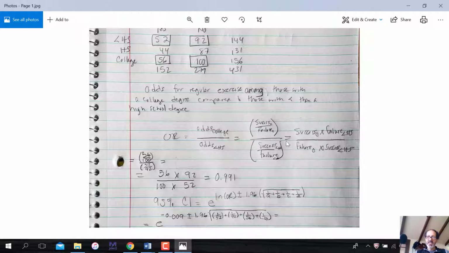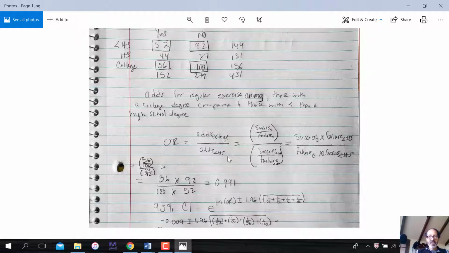When I bring this up into the numerator, I can flip it upside down, right, the denominator. So what I end up getting is success among those who are in college times failure among those who have less than a high school degree divided by failure for those in college times success for those with less than a high school degree.